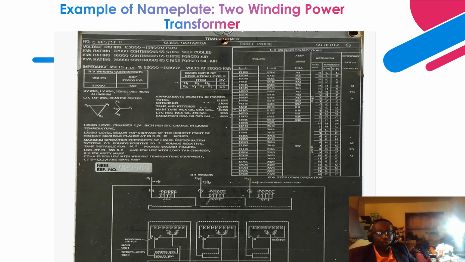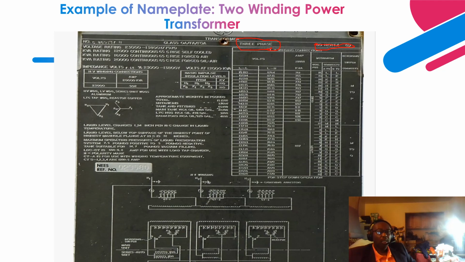Next, we'll go to a typical nameplate of a two-winding power transformer, right? Okay, so this transformer is a 50 hertz transformer, as you can see over here. So that is the frequency, right? And it's a three-phase transformer, right?